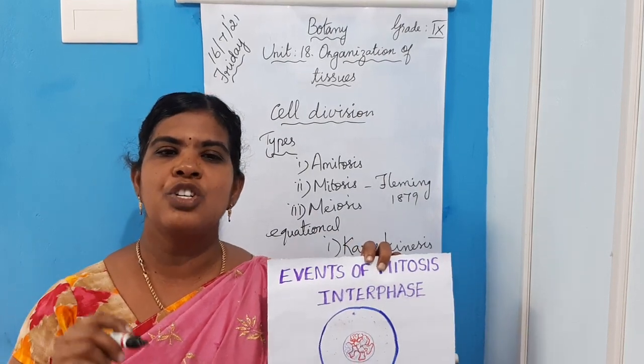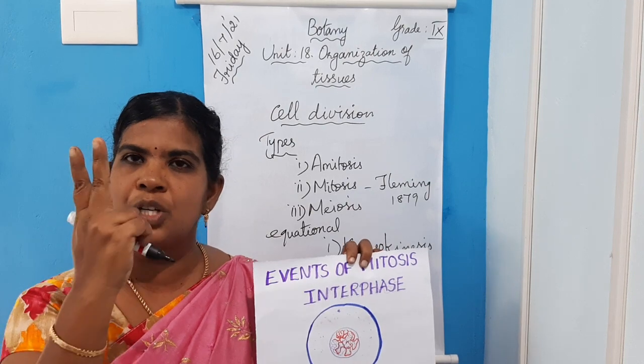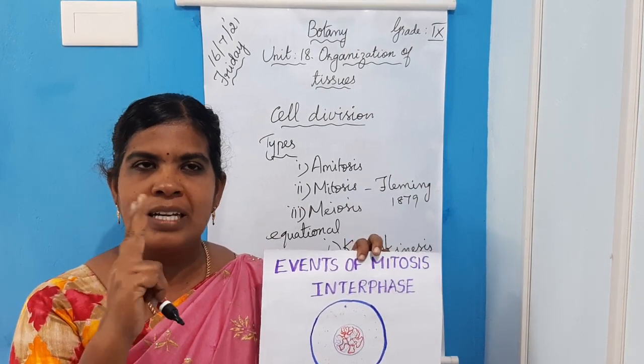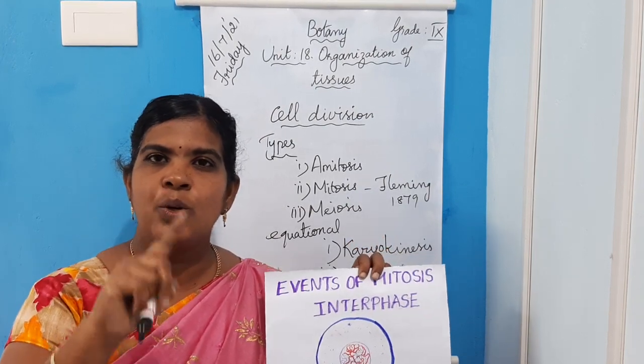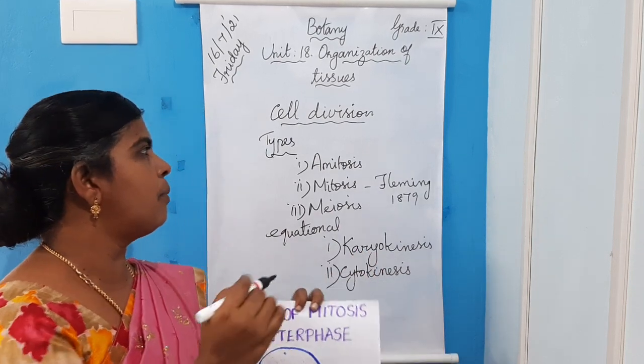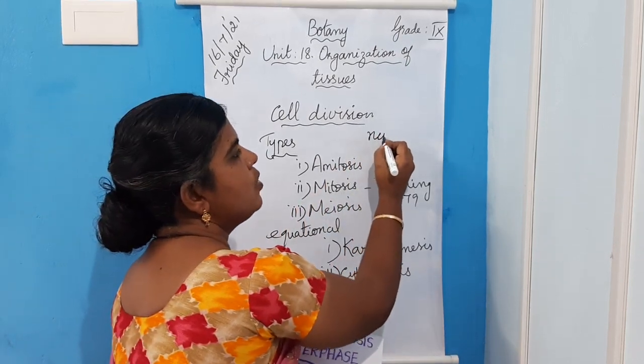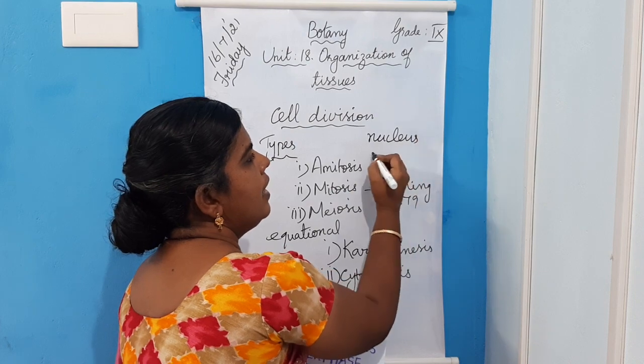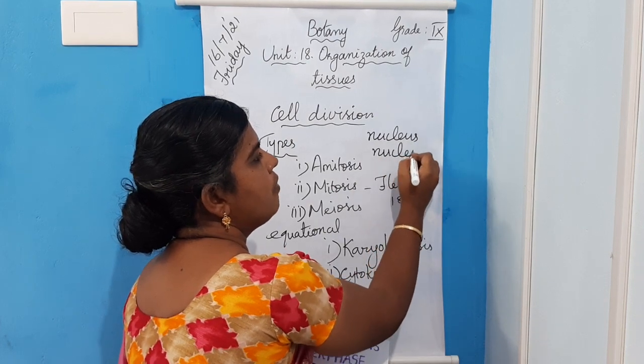Karyokinesis is the division of the nucleus into two daughter nuclei. Nucleus is singular and nuclei is the plural form.